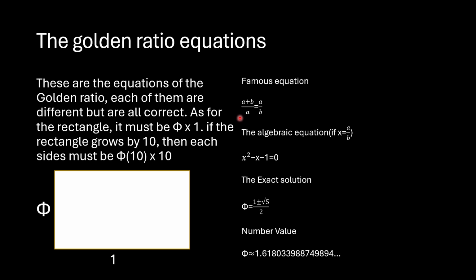The algebraic equation of x equals A over B is x squared minus x minus 1 equals 0. The exact solution, from the quadratic formula, is phi equals 1 plus or minus the square root of 5, over 2. And phi is always the positive and not the negative.